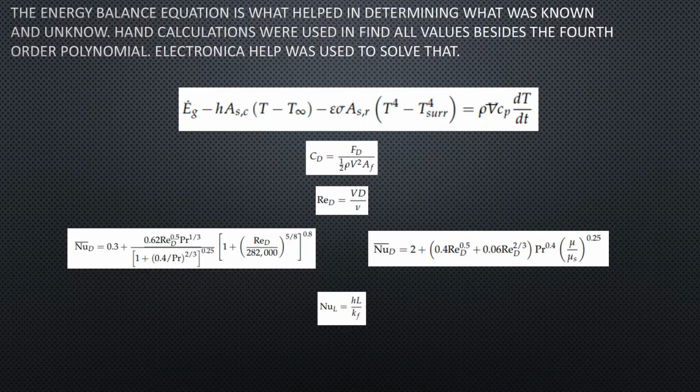And once we calculate all the surface areas, we can then plug that back into our equation found at the top. Now, because this was also an inseparable ODE, electronic help was used to solve for T surface. I used Mathematica to help solve for the surface temperature.